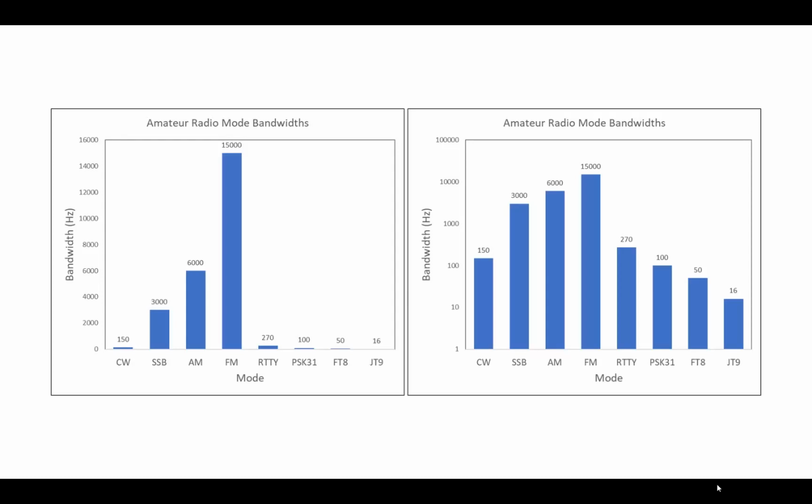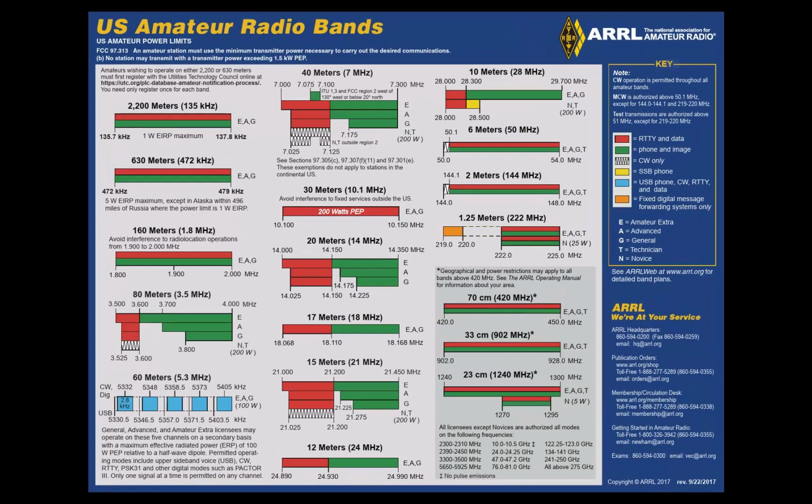FT8, one of the most popular new digital modes, has a bandwidth of about 50 hertz. So again, you can fit a lot of stations operating those modes in the same bandwidth as some of the others. It's important to know kind of generally the bandwidths so that you can operate without interference to other stations.